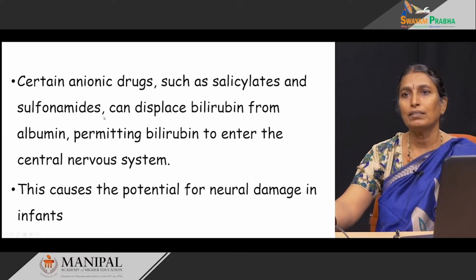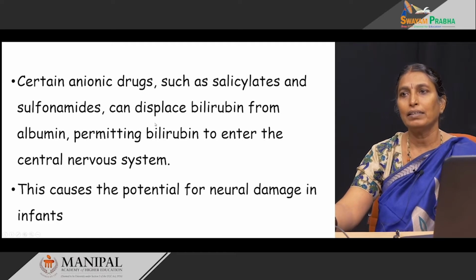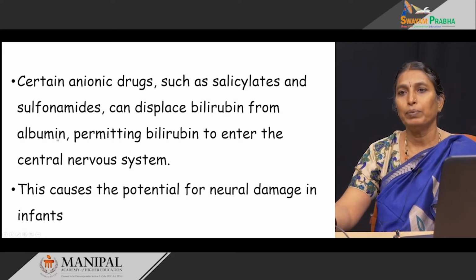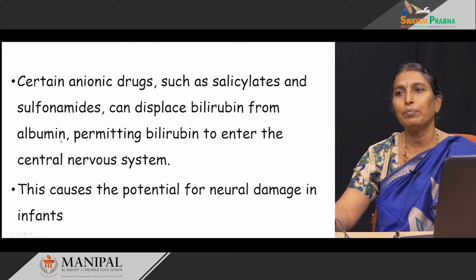Certain drugs such as salicylates and sulfonamides can displace bilirubin from albumin, and this also permits the bilirubin to enter the central nervous system. Since bilirubin binds to albumin non-covalently, these anionic drugs can replace it.